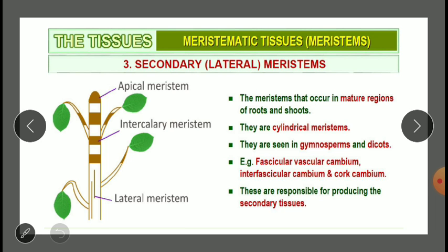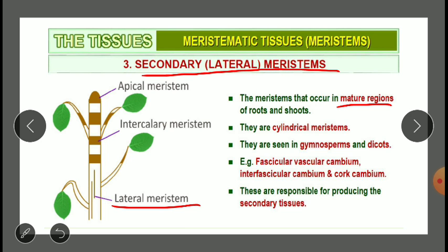Then the third type of the meristem is going to be the secondary meristem or the lateral meristems. The secondary meristem or the lateral meristems are responsible to increase the girth of the plant. Girth of the plant means nothing but the diameter of the plant, we can say. So they are going to be present in the mature regions of the root and the shoots.